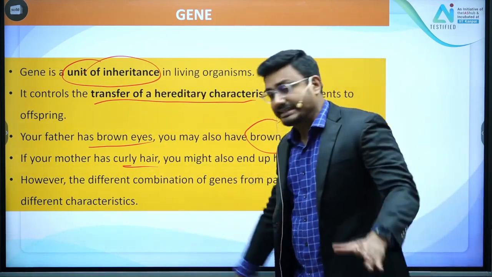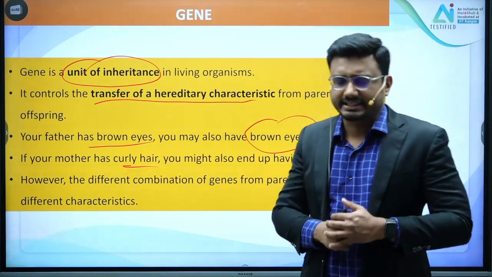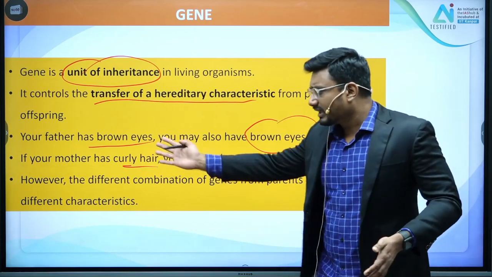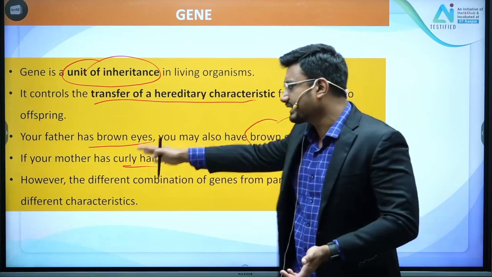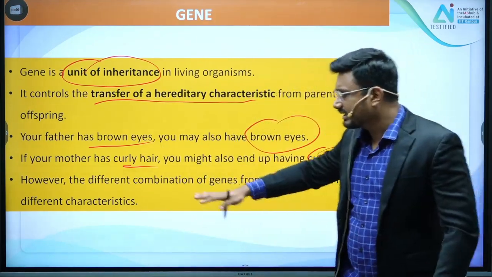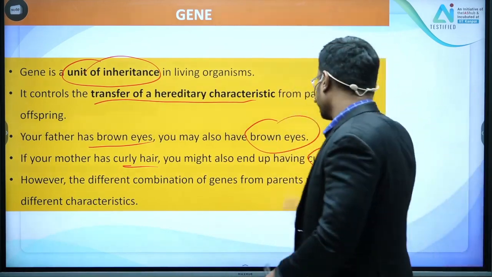However, different combinations of genes from parents result in different characteristics, because genes are inherited from both the father and mother. So the progeny may have different characteristics also. Now let's move on to the next slide.